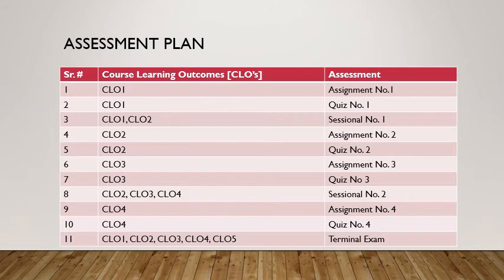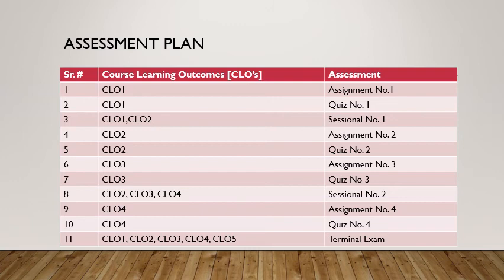The reason for having these CLOs multiple times, you can see that we have CLO1 in assignment and quiz, and then in the sessional. So if somebody fails any CLO in assignment or quiz, he or she will have a chance to clear that CLO in sessional 1.